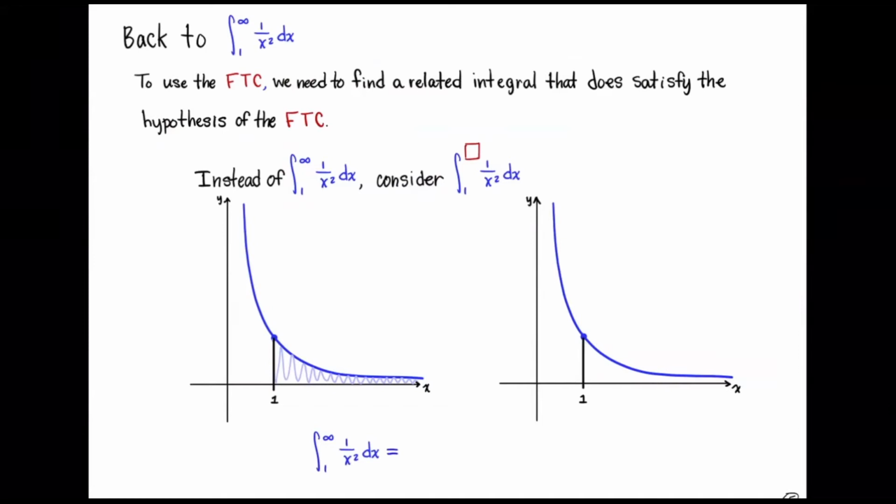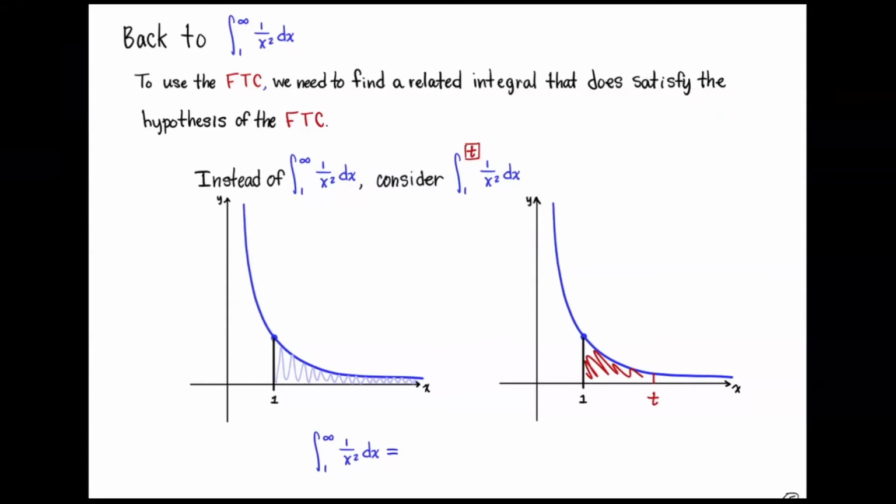So in order to use the fundamental theorem of calculus, let's think of this upper bound as, let's call it t. And so now we're looking at the area under the curve from x equal to 1 to some other x equal to t value, which we can evaluate using the fundamental theorem of calculus.